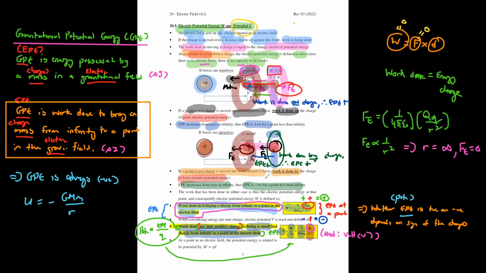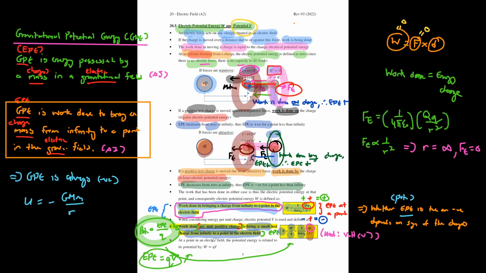All right, so from here, there's one thing I want to mention too. Because you say that potential is actually EPE over Q, I could also say that EPE is actually Q times your potential. Okay, that's why here it is written as this.